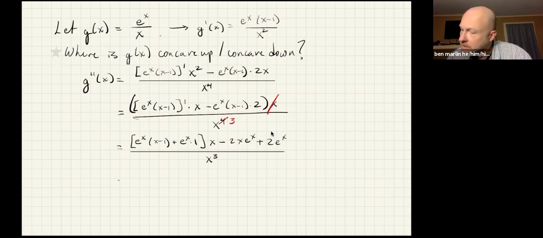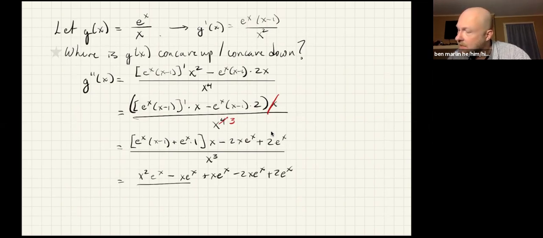Ugh. And now we're going to have to do our distribution here and have x squared e to the x minus x e to the x plus x e to the x minus 2x e to the x plus 2 e to the x.